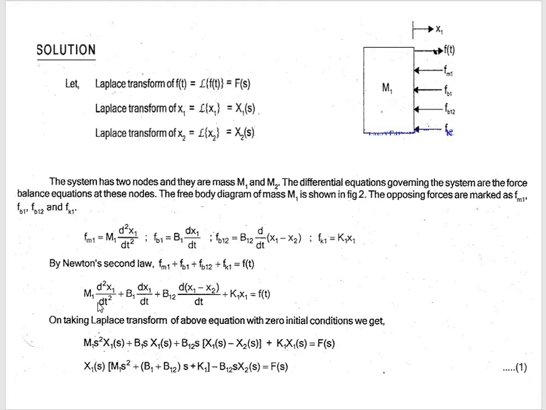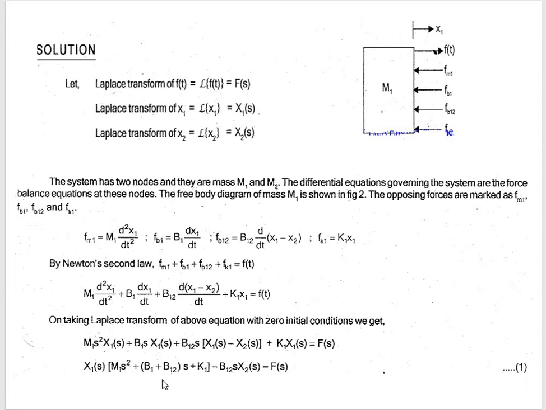So we can write the equation as m1 into d square x1 divided by dt square plus b1 into dx1 by dt plus b12 d of x1 minus x2 divided by dt plus k1 into x1 is equal to f of t. By taking Laplace transform, the equation will be modified as m1 s square x1 of s plus b1 s x1 of s plus b12 s into x1 of s minus x2 of s plus k1 x1 of s is equal to f of s.